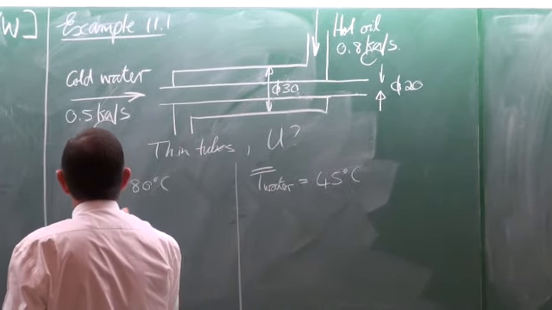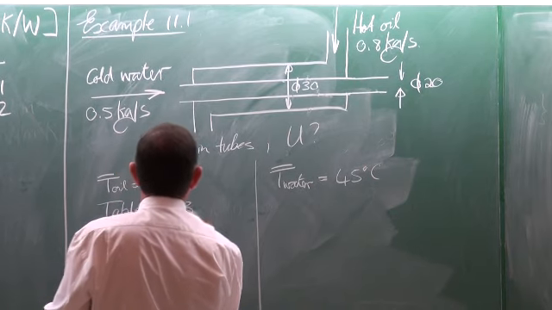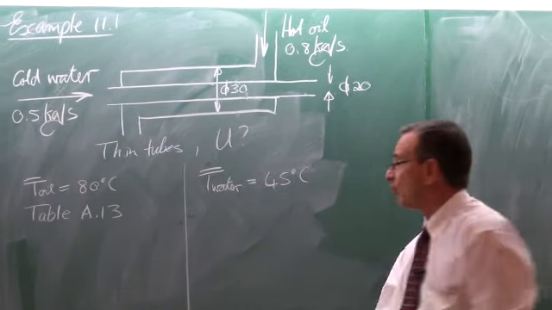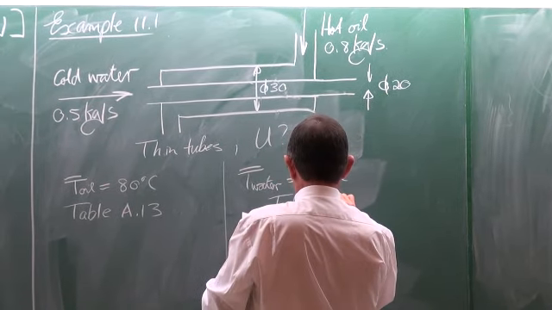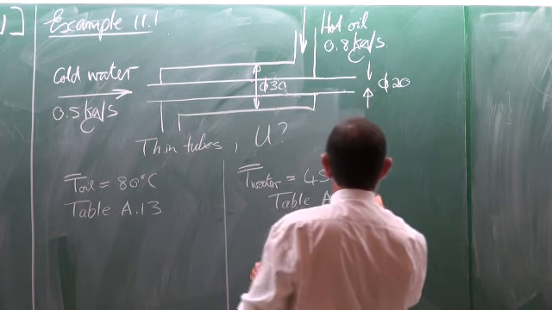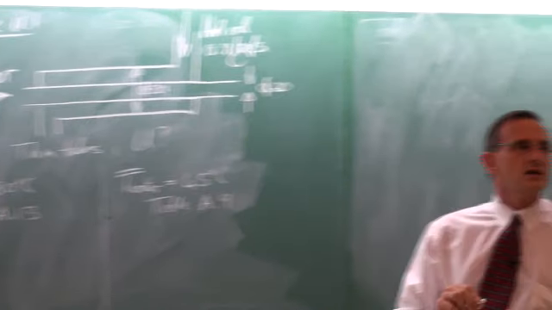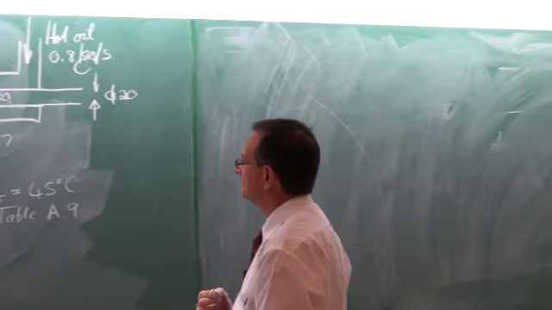In table A13 we can get the values for oil, and in table A9, or A1, I can't remember, you can get the values for water.